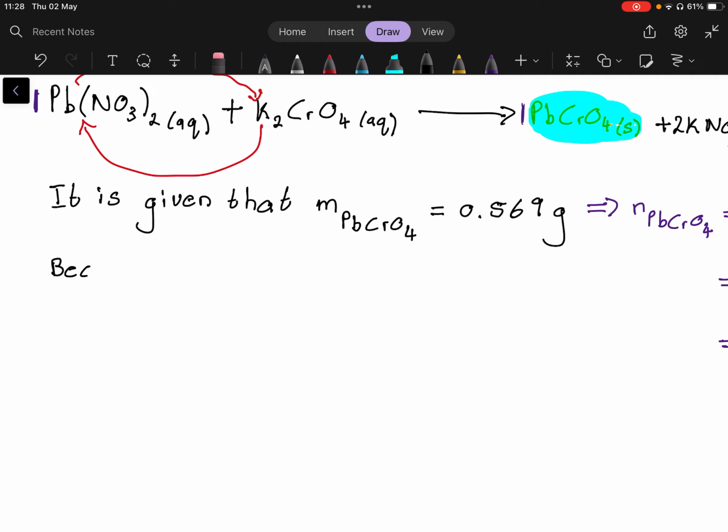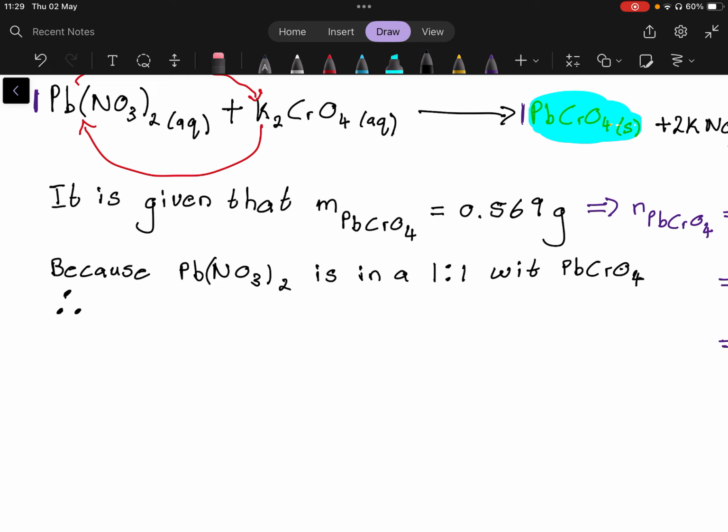So then, because lead nitrate is in a 1-to-1 ratio with lead chromate, it implies, or therefore, the number of moles of lead nitrate must be equal to the number of moles of lead chromate.